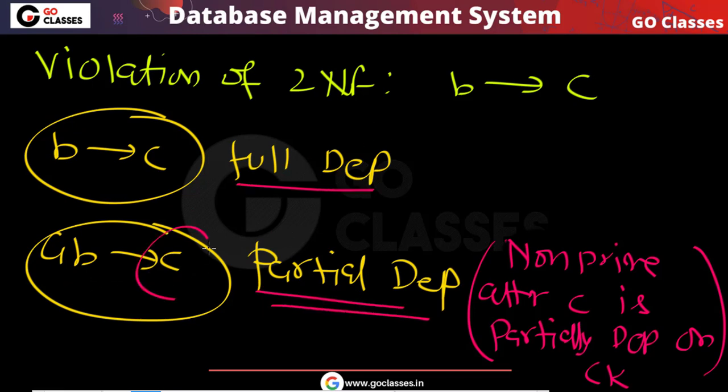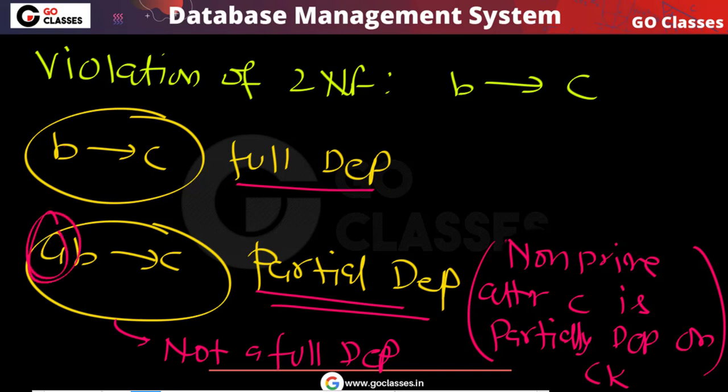This dependency is not a full dependency. Why? Because we don't need this A. And the other is a full dependency, because if you remove B, then the empty set cannot determine C. Because the non-prime attribute is partially dependent on the candidate key, that is the reason this is not in 2NF.